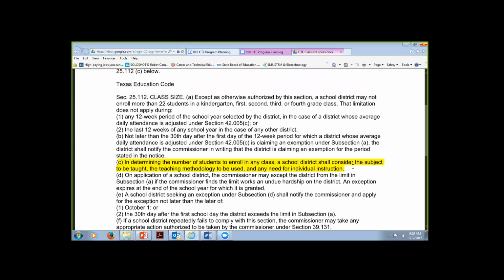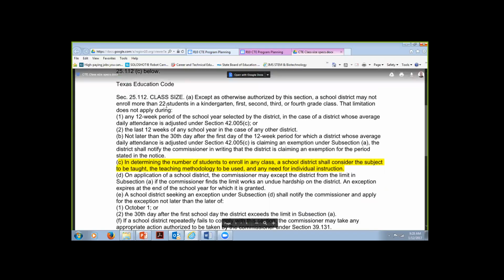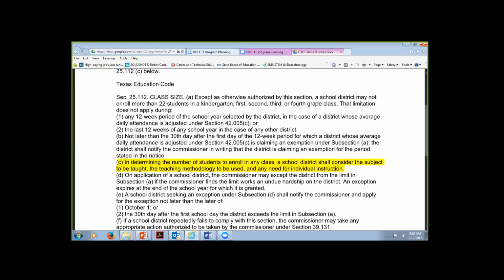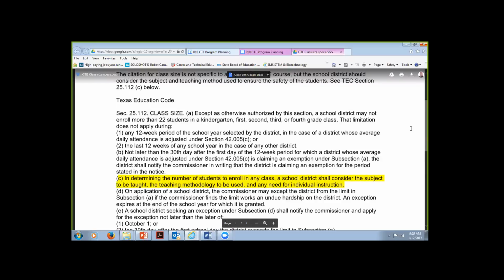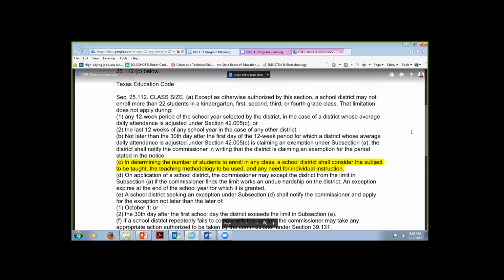So once again, for CTE, notice the rule only applies up until that limitation; it does not pull in your 5th grade and thereafter classes under the Texas Education Code 22. But once again, it comes down to the safety and needs of students, class size, and what instruction models and methods are being used with your students.